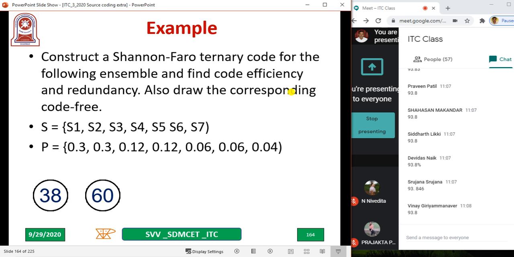I repeat the probabilities: 0.3, 0.3, 0.12, 0.12, 0.06, 0.06, 0.04. I'll wait for another 20 seconds. Please copy down properly. Even in the exam, you have to copy down the probabilities correctly, otherwise your answers may be wrong.